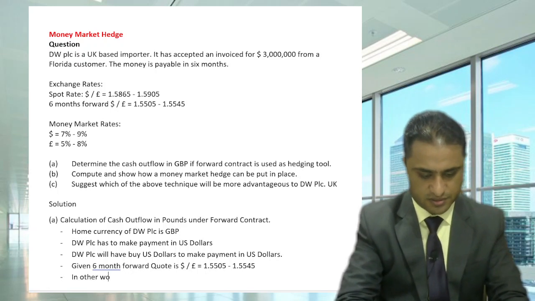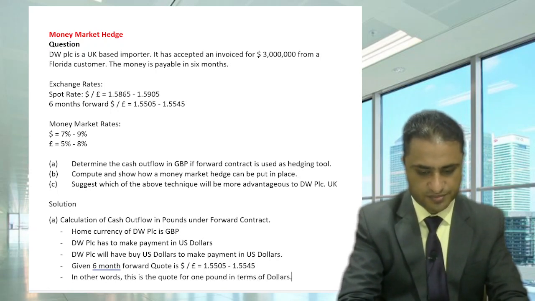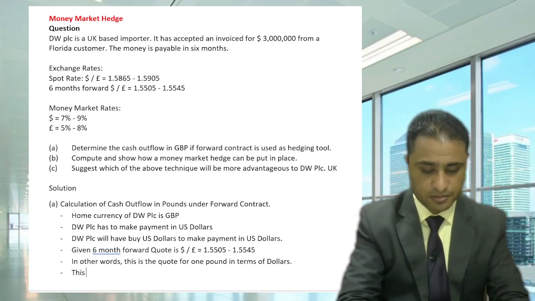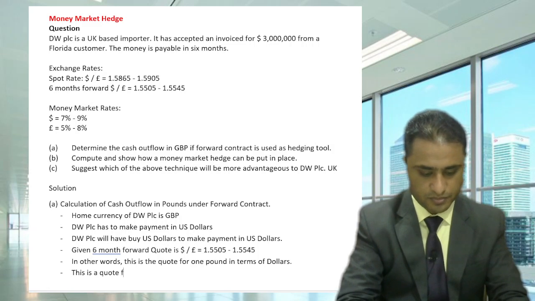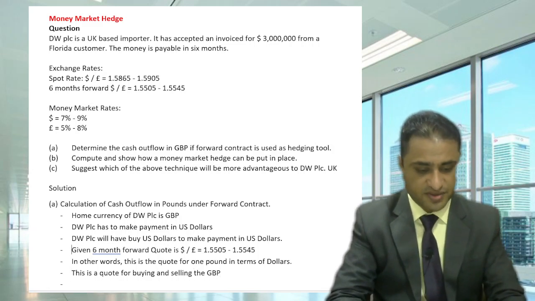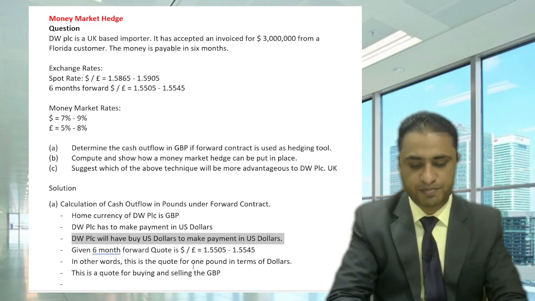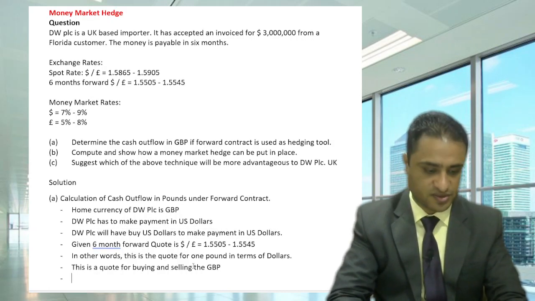In other words, this is the quote for 1 pound in terms of dollars. We can say this is a quote for buying and selling the pound, the Great Britain pound. See, we are here. DWPLC will have to buy the US dollar to make a payment in US dollars.